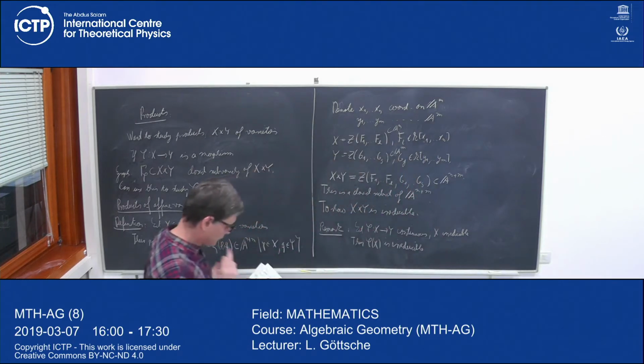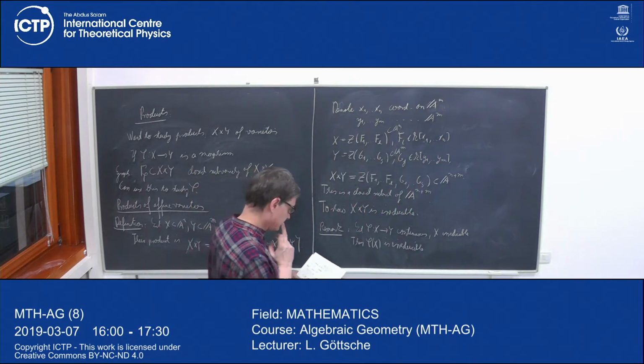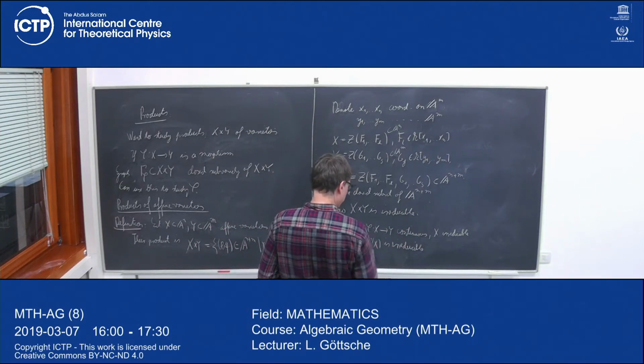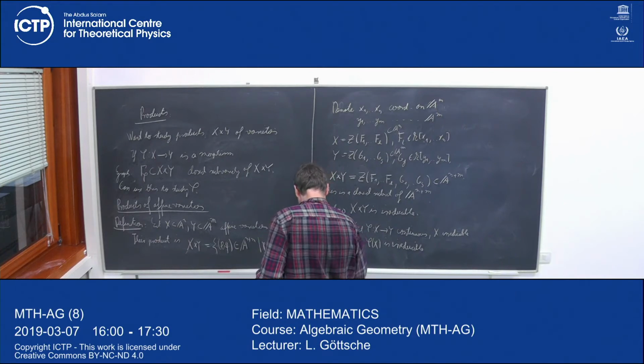And that's almost completely trivial. So assume phi of X is not irreducible.